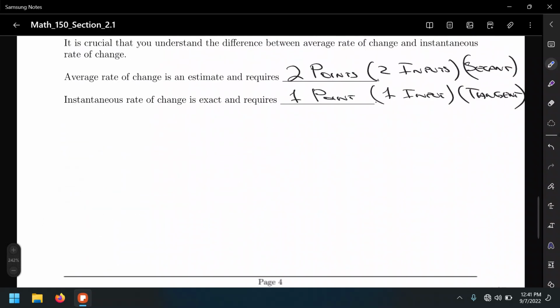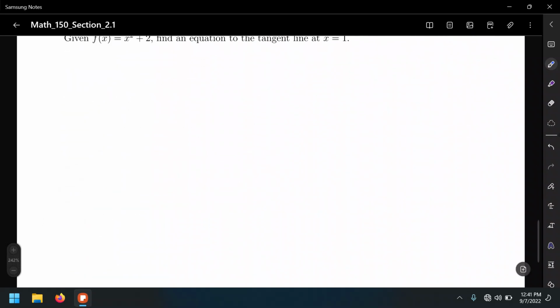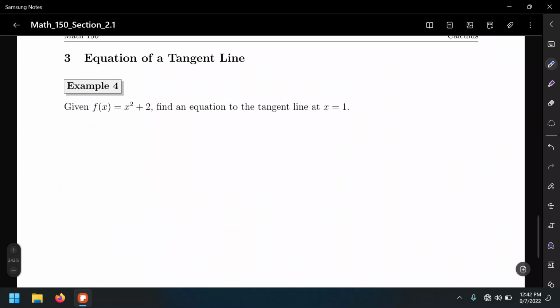Well, now the next one, the last page, is a very classical problem that we will be doing throughout the semester, finding equations of tangent lines. So back in pre-calculus or in intermediate algebra, we were finding the average rate of change to find the slope between 2 points on a curve.